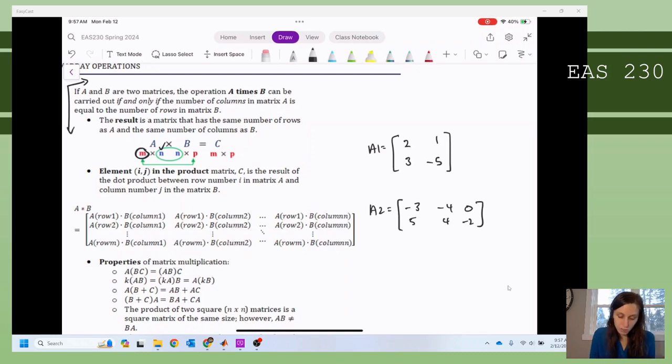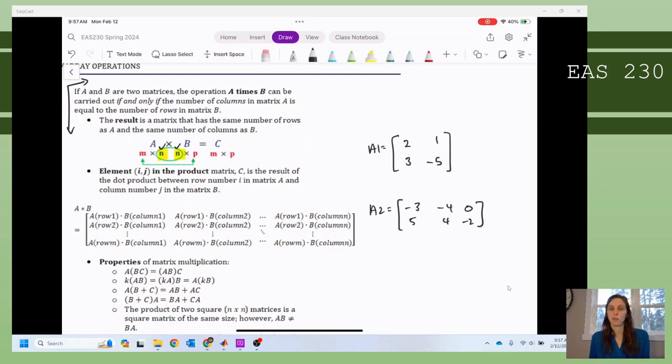First things first, if A and B are two matrices, the operation A times B can be carried out if and only if the number of columns in matrix A is equal to the number of rows in matrix B. We call those the inner dimensions, and we can write it out like this. If A is an m by n and B is an n by p, if these two numbers on the inside match, then we are good to go. We can perform matrix multiplication.